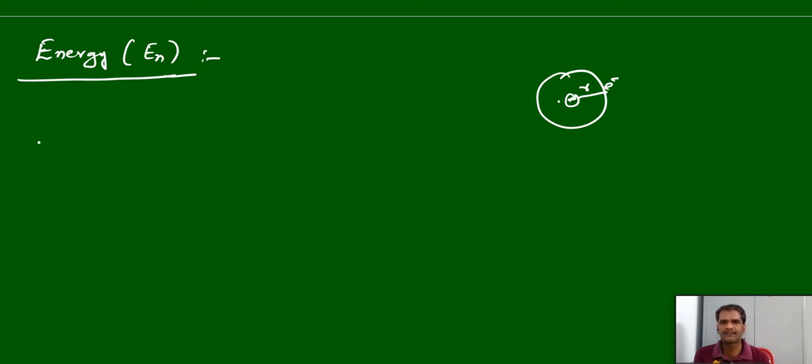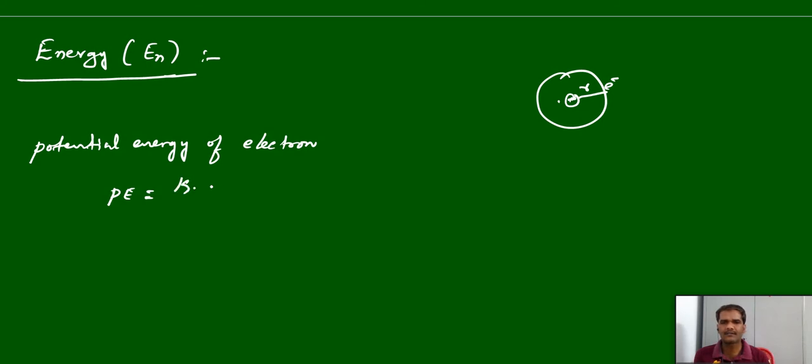So first we will go with the calculation of potential energy. Potential energy of electron, simply P. What is the formula?